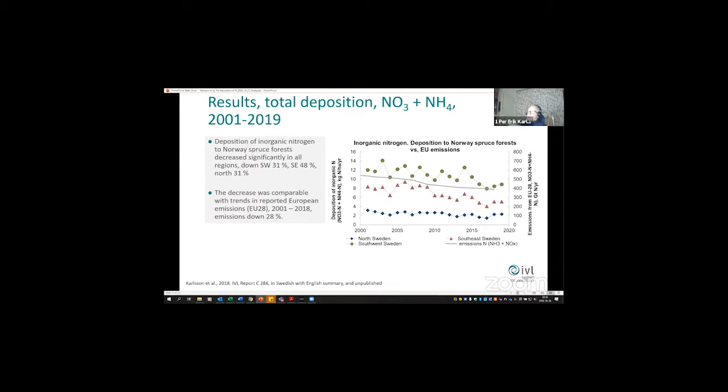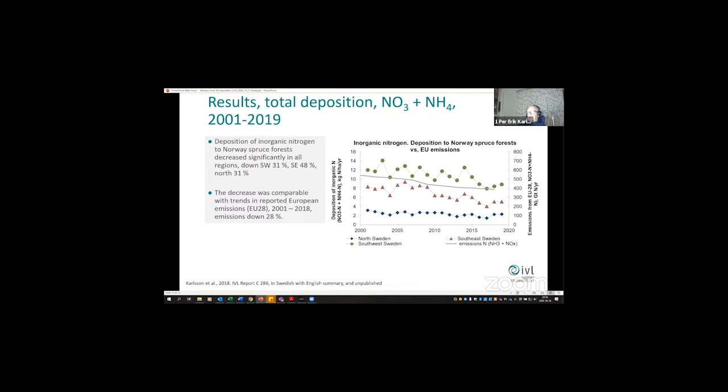So we have one region for southwest Sweden in the green, southeast in the red, and north in the blue. And the gray line is the reported emissions of inorganic nitrogen from the European Union, EU 28.